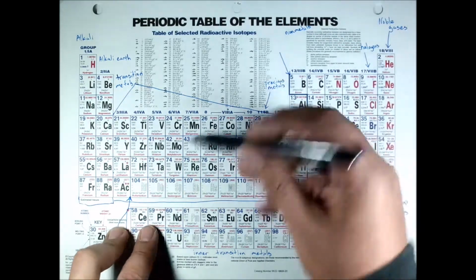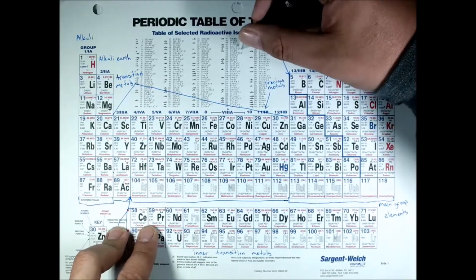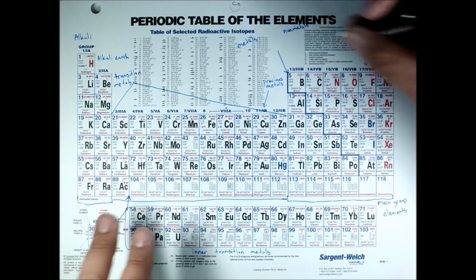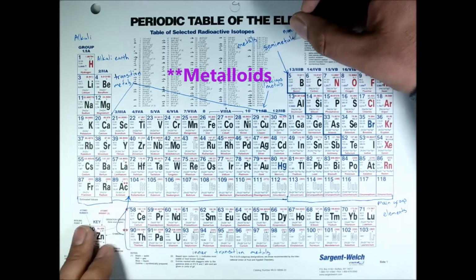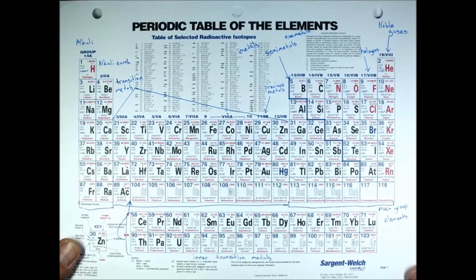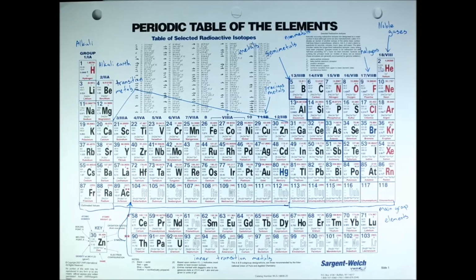If they are on the left side of that line, we call these metals. And if they are on the line, we call them semimetals. We use names like that because they tend to have properties that are similar between metals and nonmetals. All right, so if someone asked you, are the bulk of the elements metals or nonmetals, what are you going to say? Metals. Most of the elements are metals, yes.